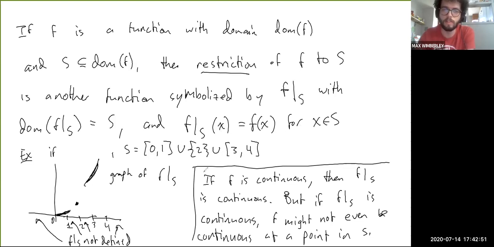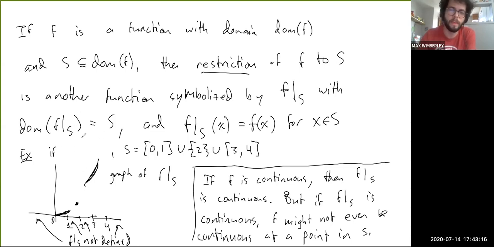The good news is, and this comes back up with uniform continuity too, which is the topic of the next lecture, that whenever we're dealing with restrictions, we're usually dealing with restrictions of a function to an interval.